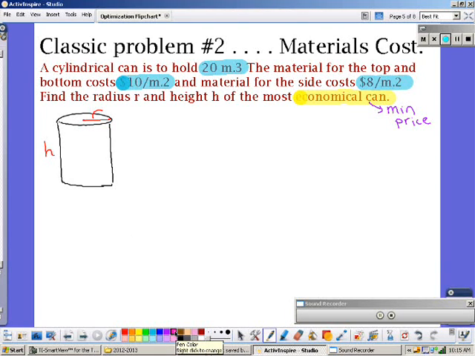One thing I know is that the can holds 20 meters cubed, and that's volume, because you have cubed for your unit. So let's write the volume formula of a cylinder, which we know by heart or can easily look up. We got pi r squared times the height. And according to this problem, the volume can equal 20. So let's do 20 equals pi r squared h. We're going to come back and use this in just a second.